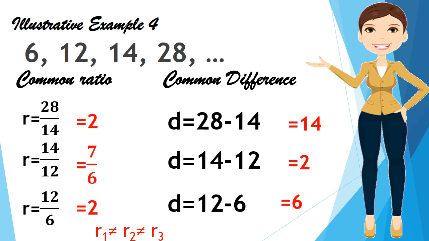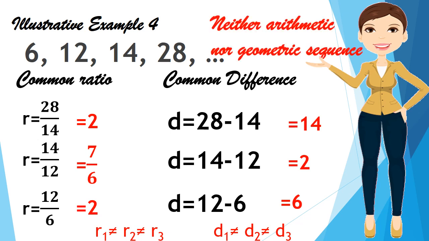Since the first difference is not equal to the second, and that is not equal to the third difference, then the given sequence is not an arithmetic sequence. So we prove that this sequence is neither an arithmetic nor a geometric sequence.